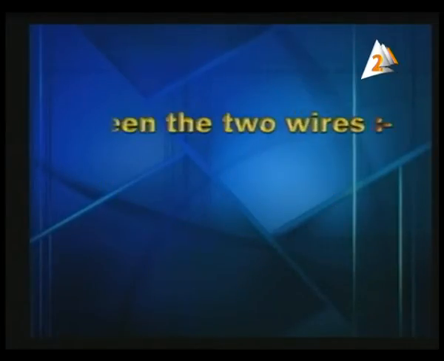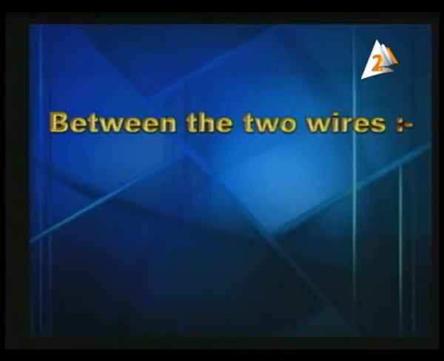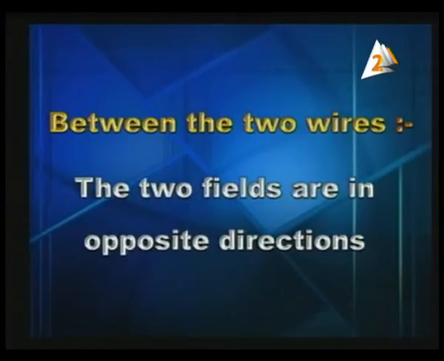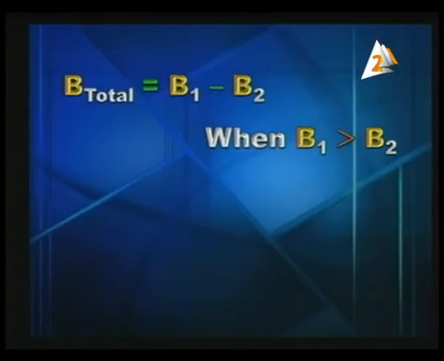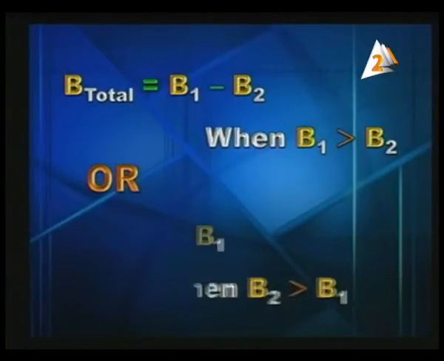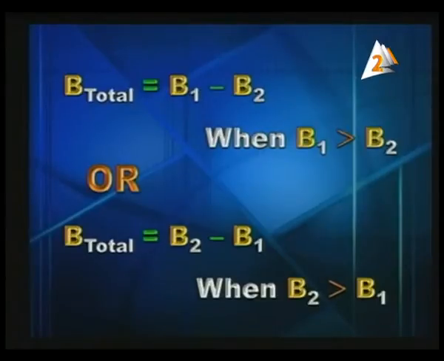So between the two wires, the two fields are in opposite directions. So B total will be B1 minus B2 when B1 is greater than B2, or B total equals B2 minus B1 when B2 is greater than B1.